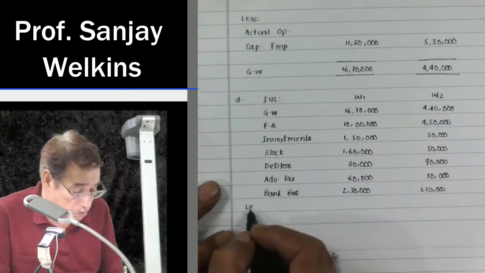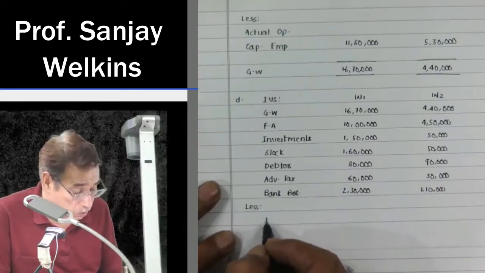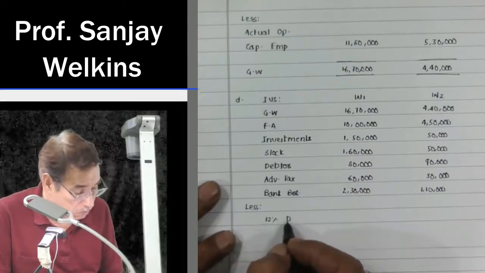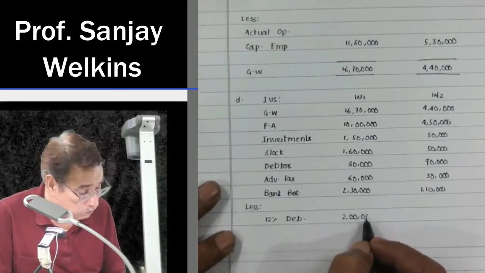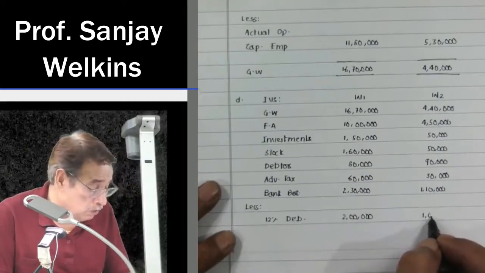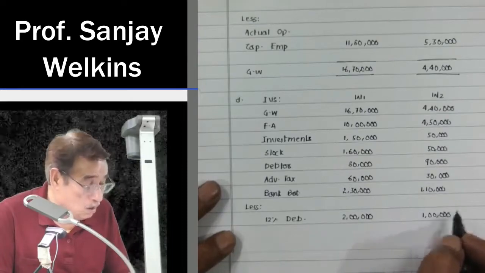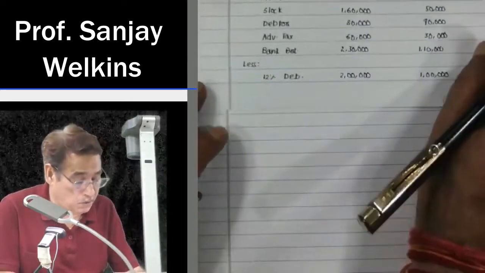Less liabilities, 12% debentures, 2 lakh, 1 lakh. Now this sheet is exhausted.